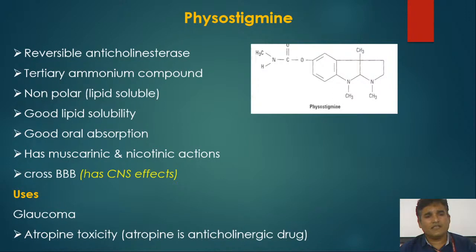Because it can cross the blood-brain barrier, it has a dominant CNS effect, and is used in glaucoma to reduce intraocular tension, and also used for atropine toxicity.